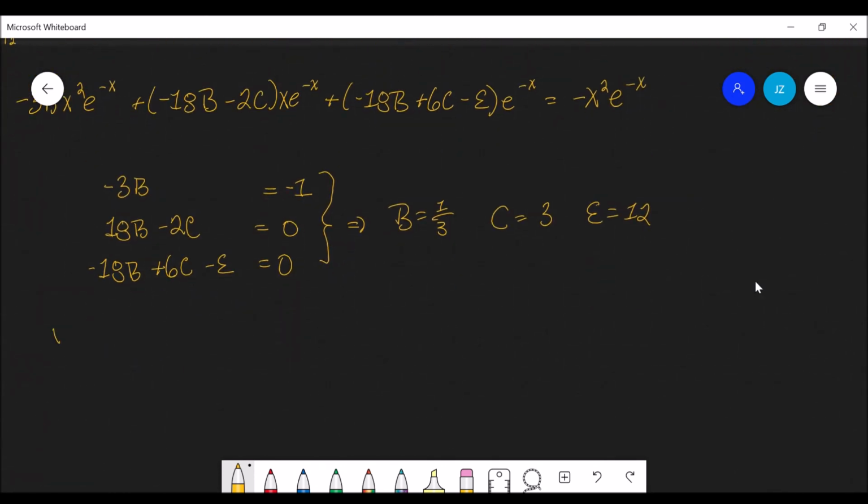So our second particular solution is of the form a third x cubed e to the minus x plus 3x squared e to the minus x plus 12x e to the minus x.